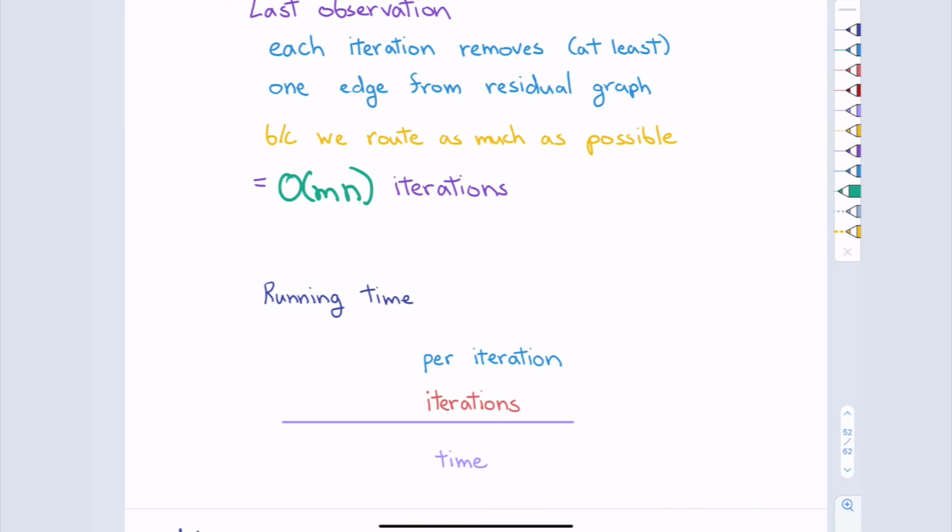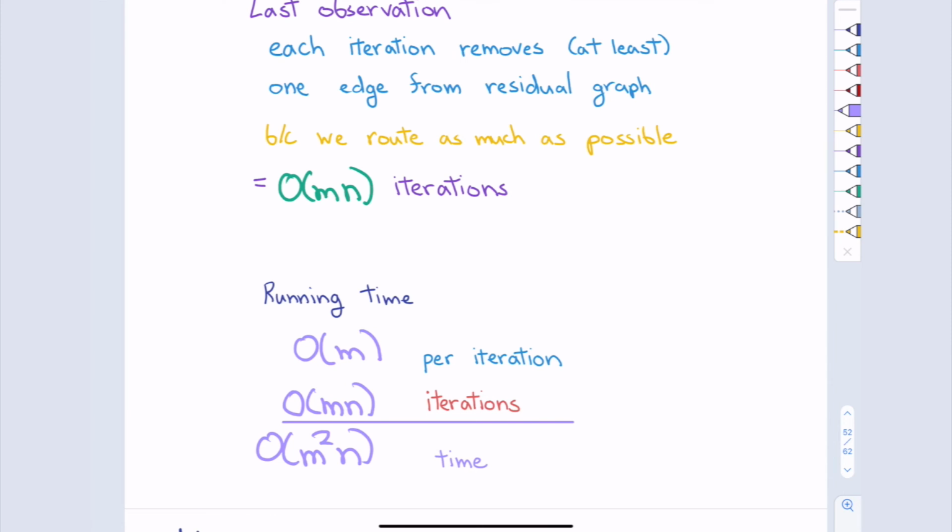Okay, so as far as the overall running time goes, each iteration I just run breadth first search to find the shortest path from S to T. We argued that there's only mn iterations. So the running time is m squared n.